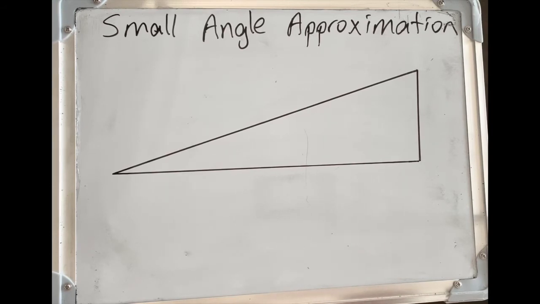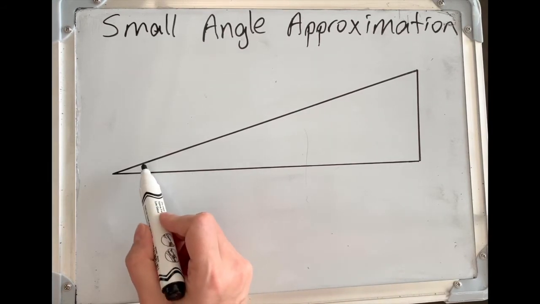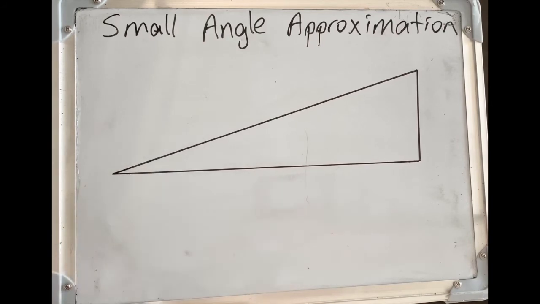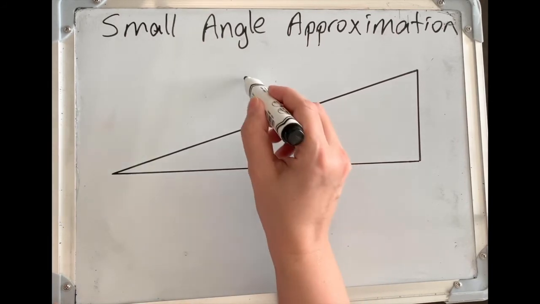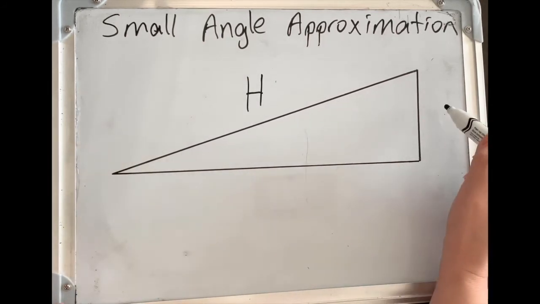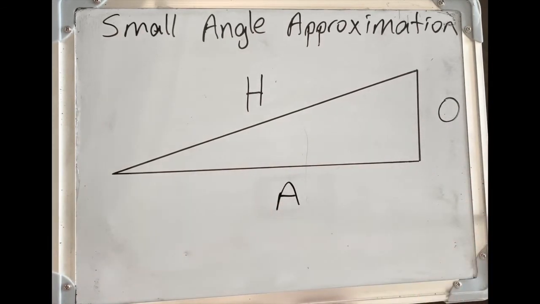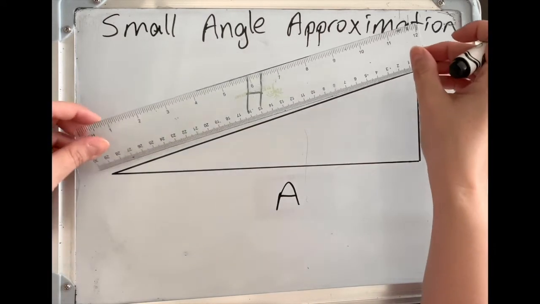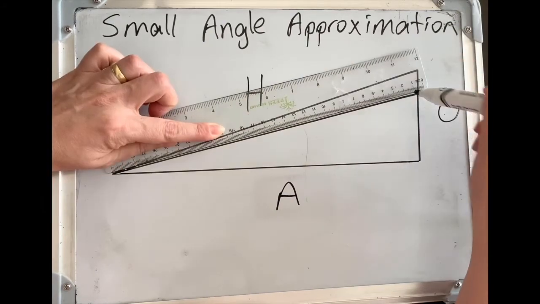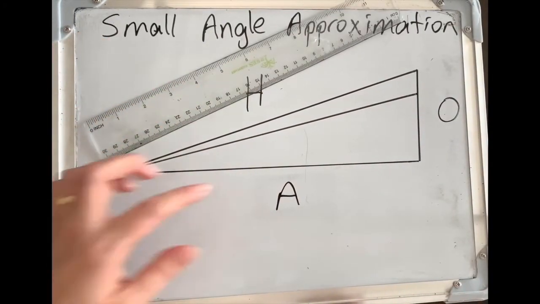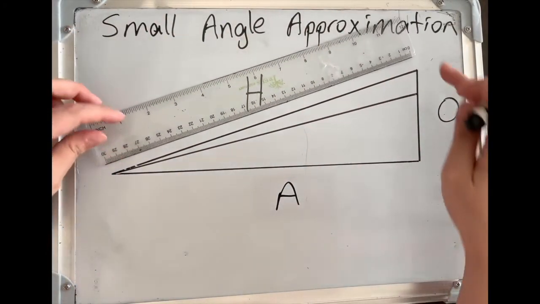Here I have a right triangle. I want you to focus on this angle right here, where that's the hypotenuse, the opposite side, and the adjacent side. What happens to the opposite side when I decrease the angle? The angle got smaller and the opposite side got smaller.